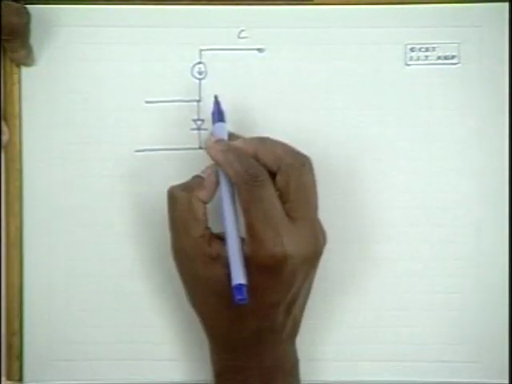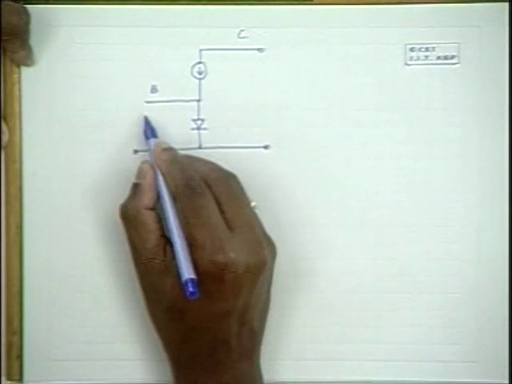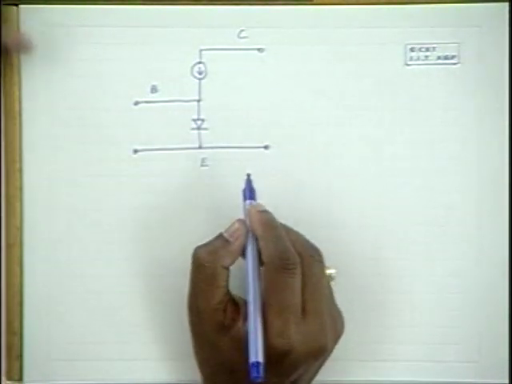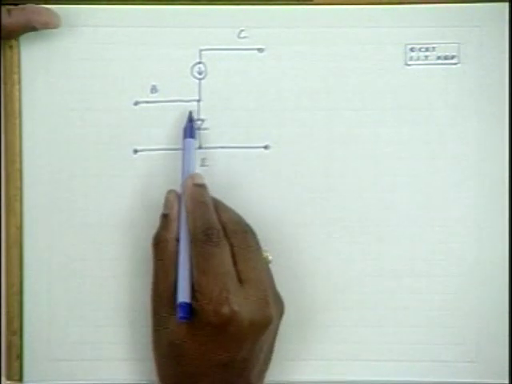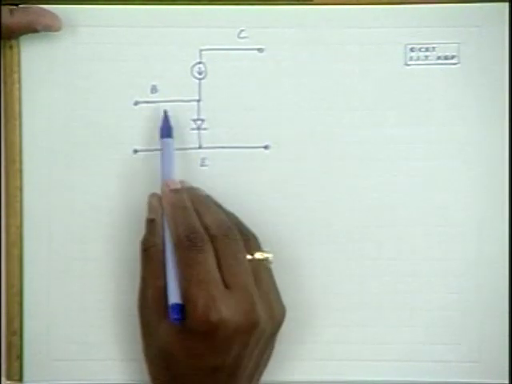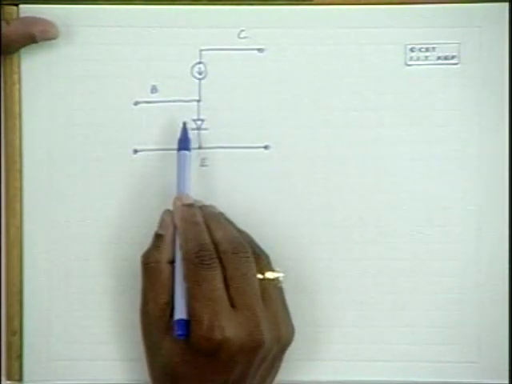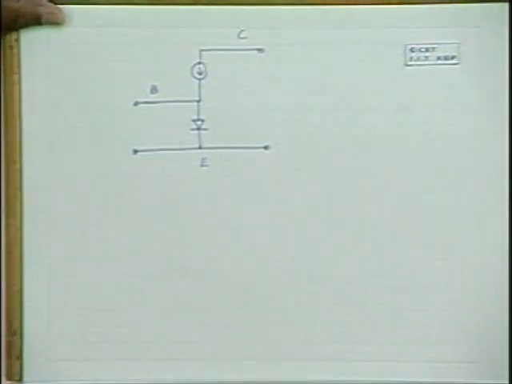This is collector, this is base, and this is emitter. So this is the model which we got, or which we have used in the common base configuration. Please note that in the common base configuration we use the same model.